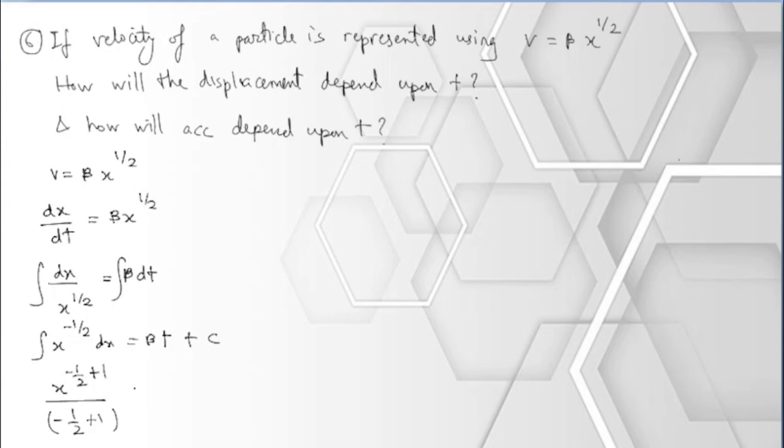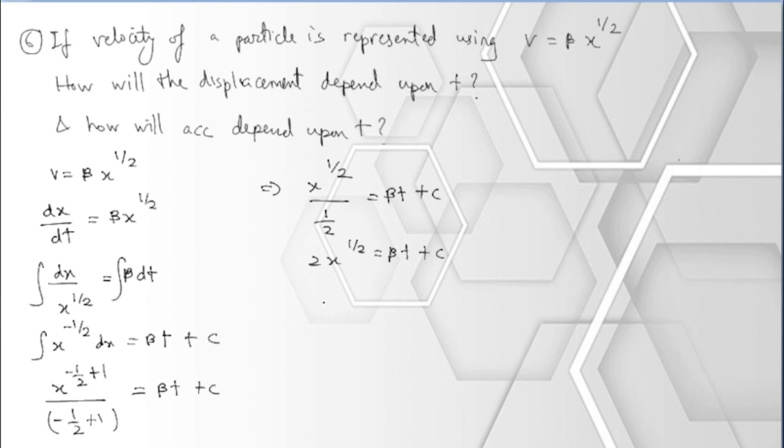That equals beta t plus constant. Now we can again write it as x to the power 1 by 2 by 1 by 2 equals beta t plus c, right? Or 2x to the power of 1 by 2 equals beta t plus c.